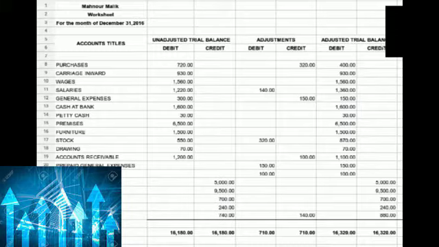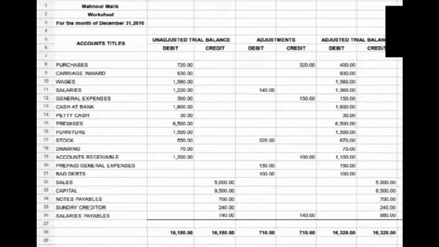But before we proceed, I will explain to you why our purchases is 400. The purchases in the trial balance is 720 and the 320 in adjustments is on the credit side. So 720 minus 320, we have 400.